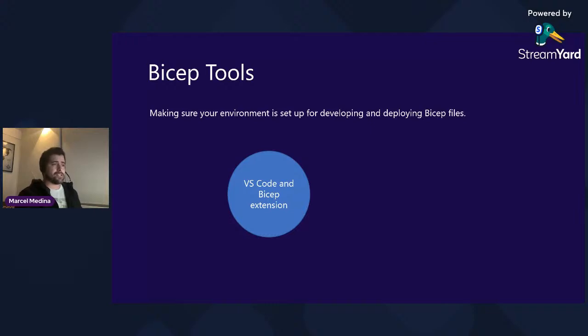So there is an extension for Visual Studio Code that we can use. It's pretty good. It provides some guidance on things that are not right, and it does some mapping for you of the resources when you're converting the ARM onto Bicep.